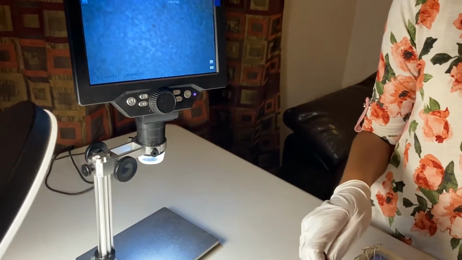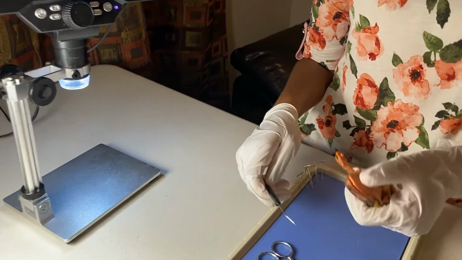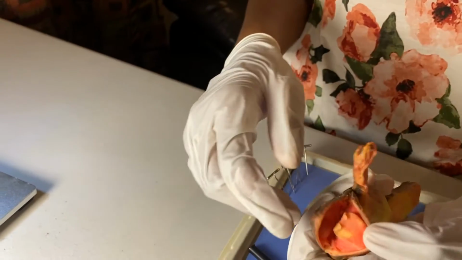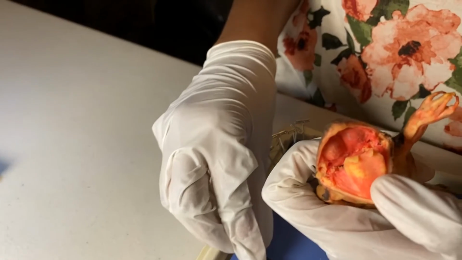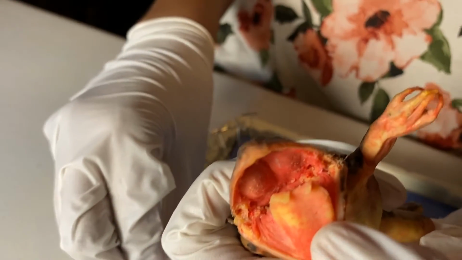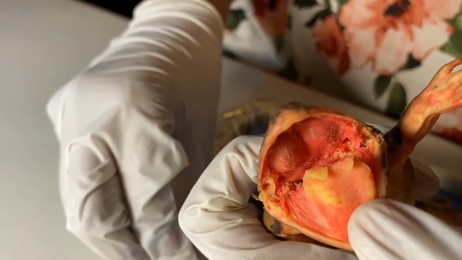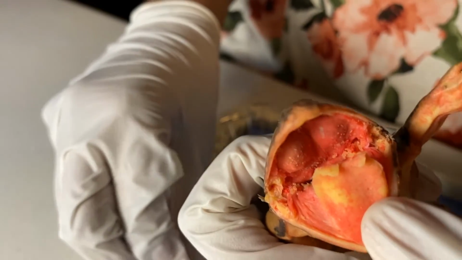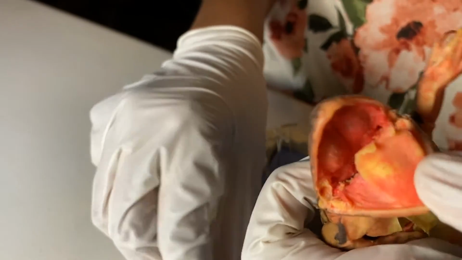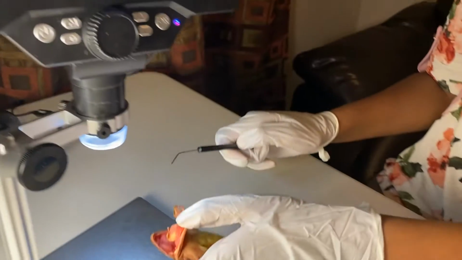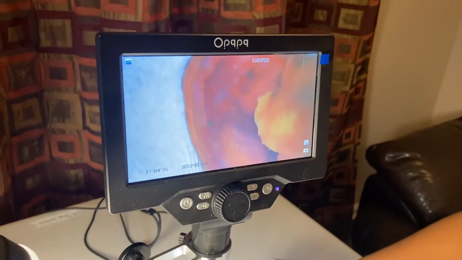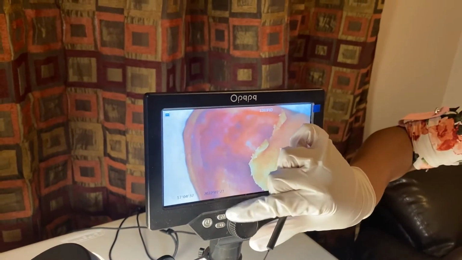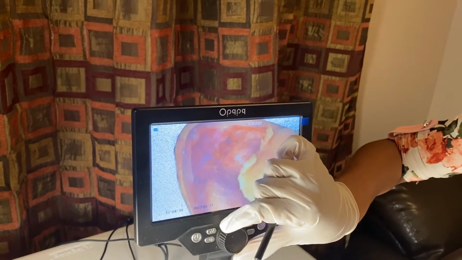Now we're going to look at the mouth of the frog. So this is how the inside of the mouth looks. And you can see that there are many different structures. So I will put this underneath the microscope again so we can view them. First thing that we're going to talk about are the vomerine teeth.